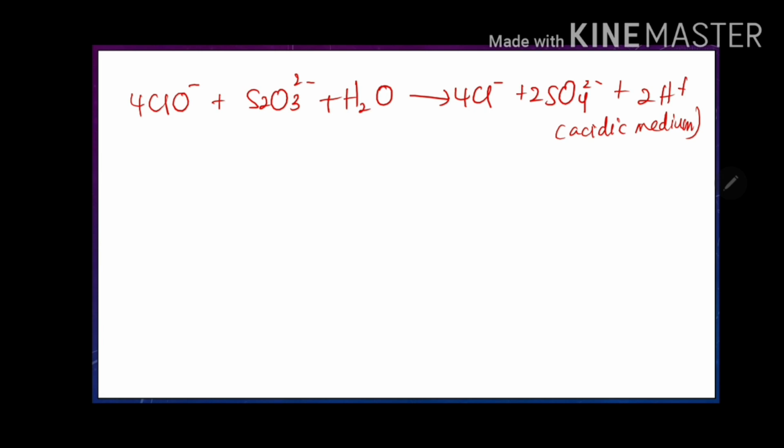Okay, if I change the question to in basic medium, what to do? You cannot leave your answer like this.